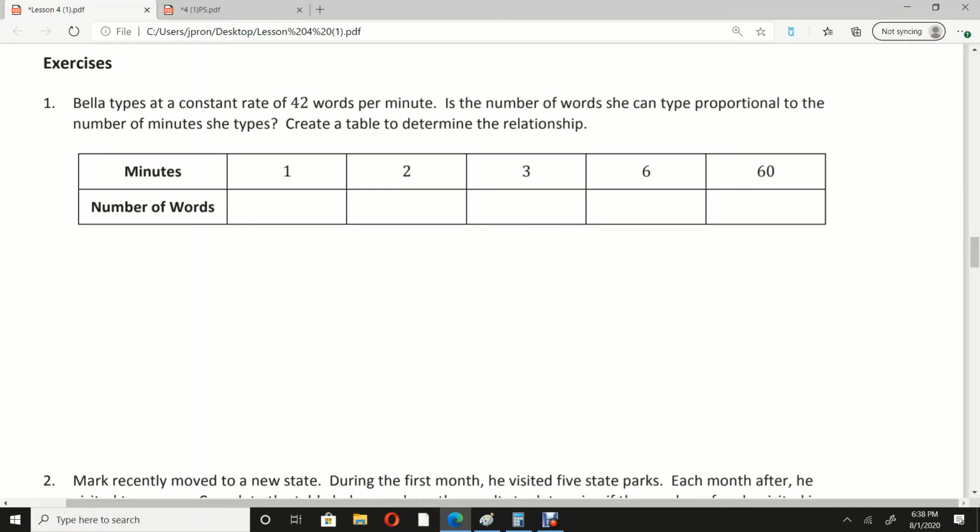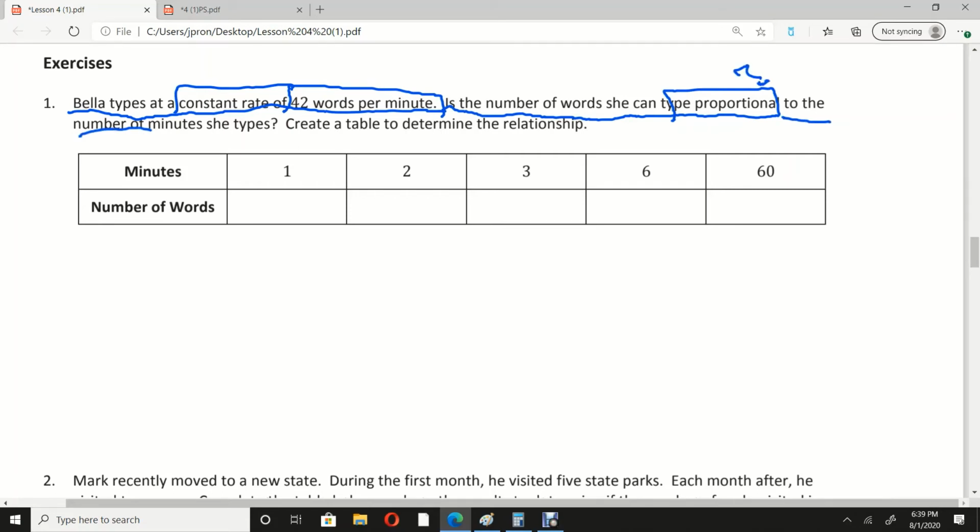In question one, Bella types at a constant rate of 42 words per minute. 42 words per minute, constant rate. Is the number of words she can type proportional to the number of minutes she types, right?